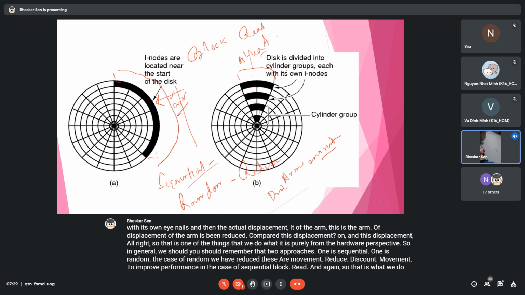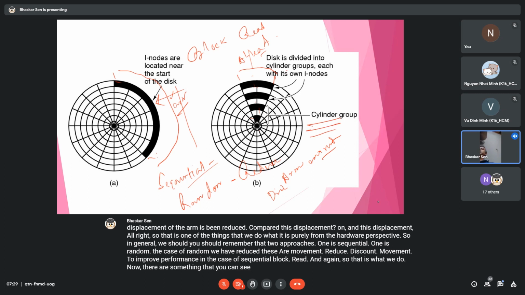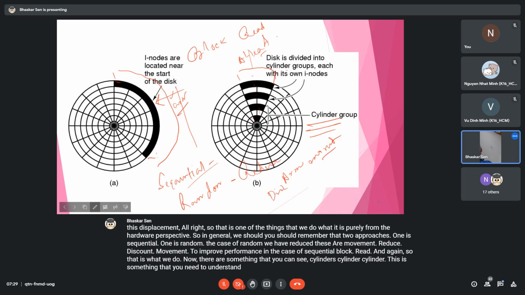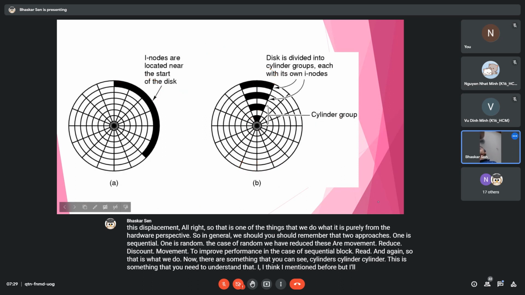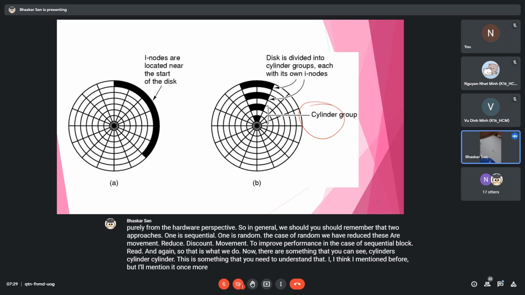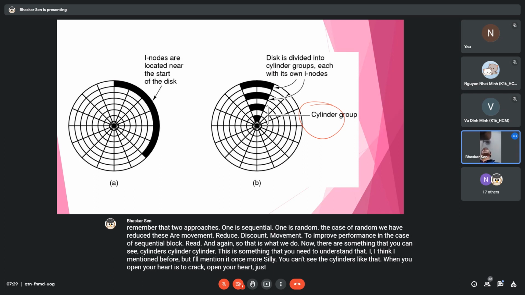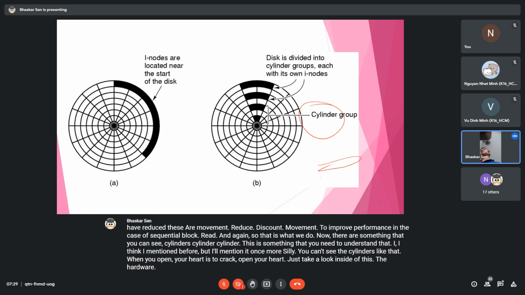Now there's something that you can see, cylinder. This is something that you need to understand, that I think I mentioned before, but I'll mention it once more. You can't see the cylinders like that. When you crack open your hard disk and take a look inside, the hardware, you will see a stack of CDs, basically platters, disks.